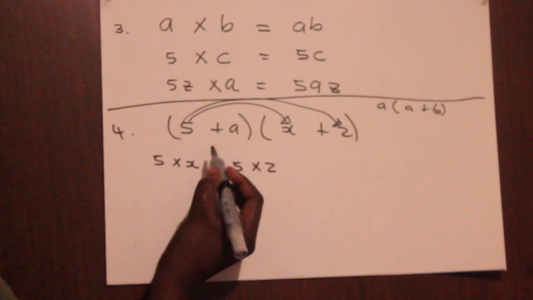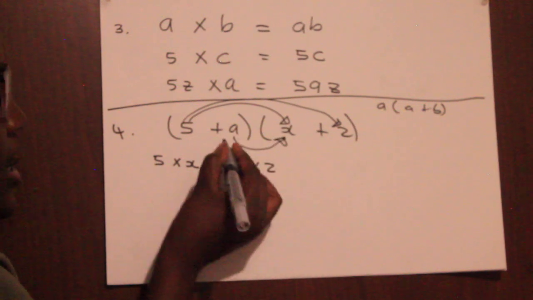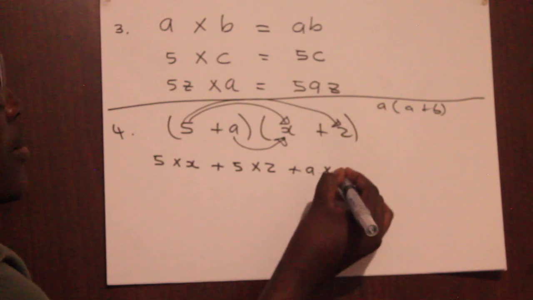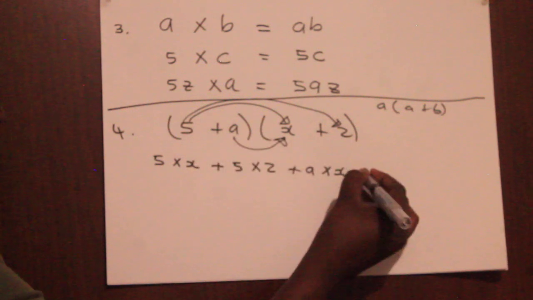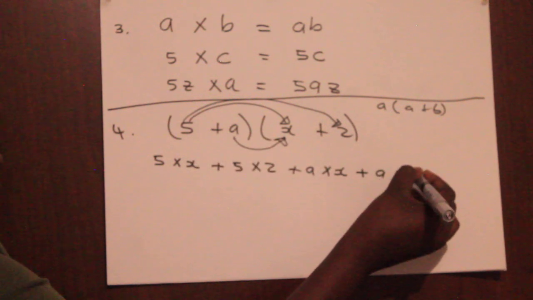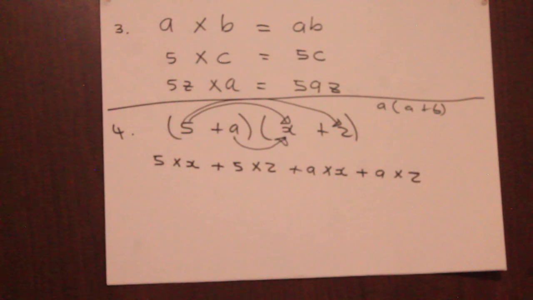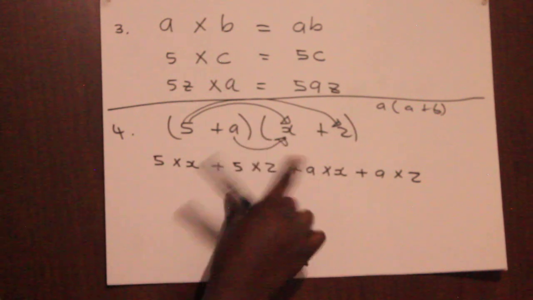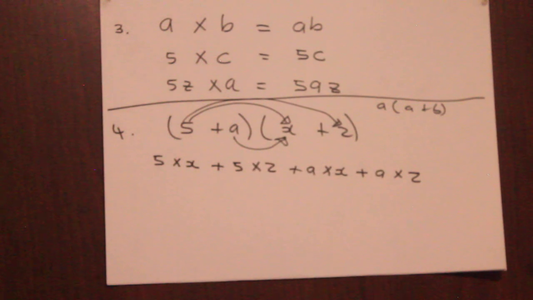And then plus A times X. And then, keeping the sign, plus A times 2. If you can see, each term has appeared twice: 5 twice, X twice, 2 twice, A twice. That is the way it's supposed to be.